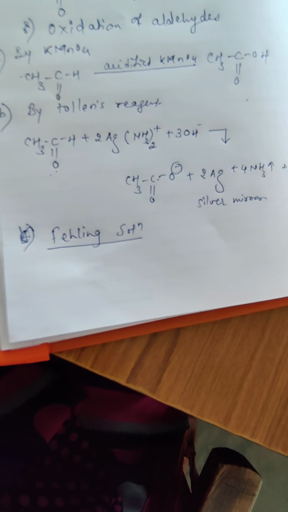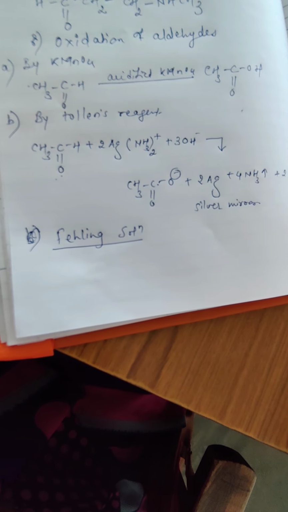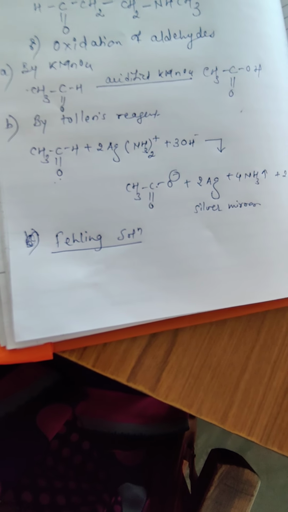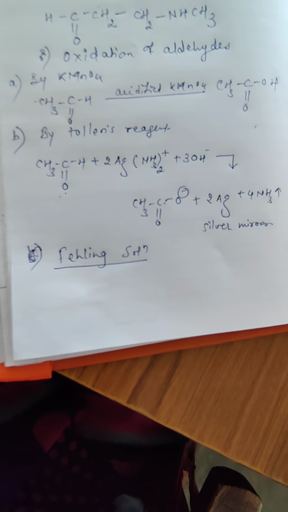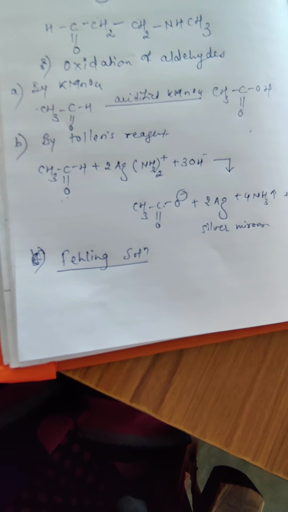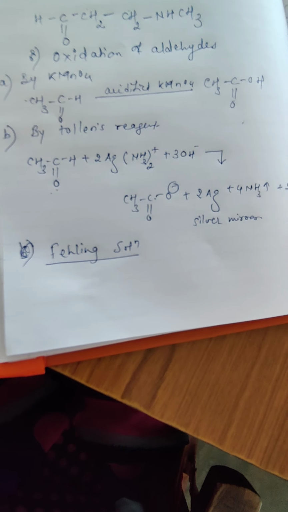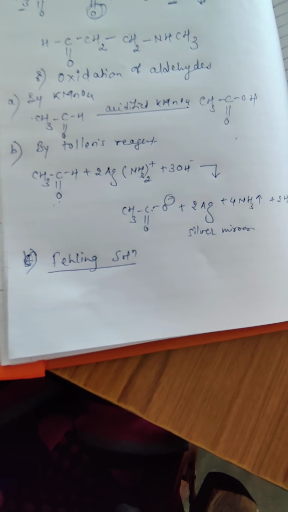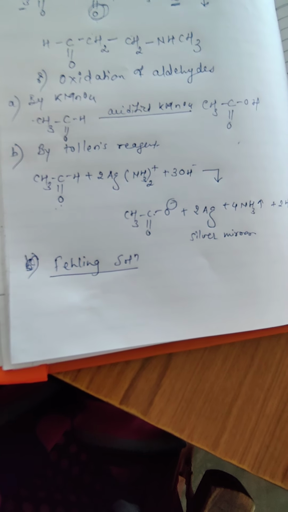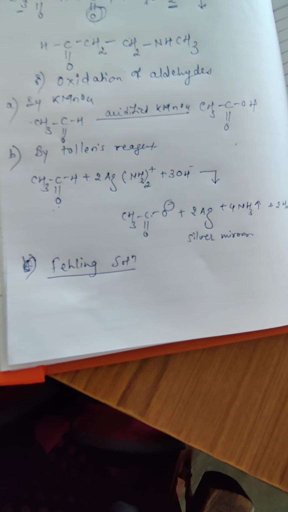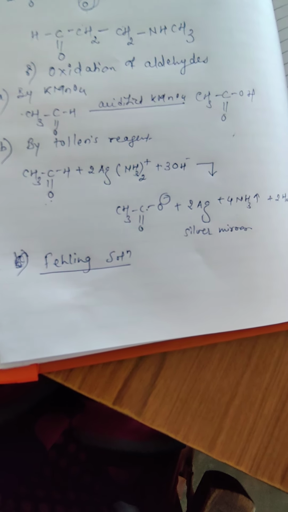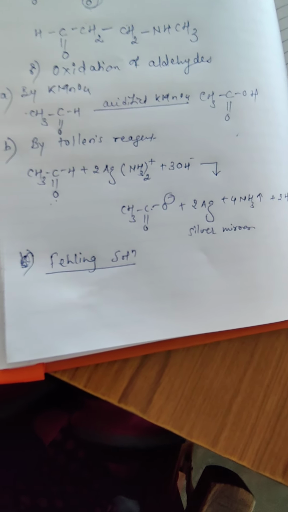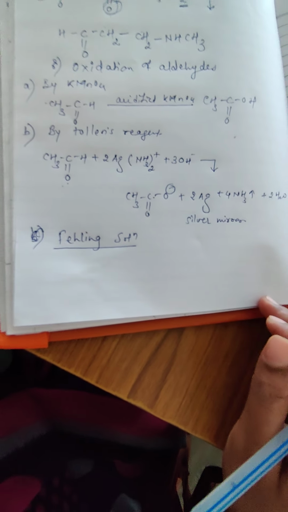So when we add the compound containing an aldehyde to it and then heat it, we get a cupric red colored precipitate. Okay, so what happened there? Here the Fehling solution oxidizes aldehyde to the corresponding carboxylic acid. At the same time, copper gets converted into cuprous oxide, and that red colored precipitate is because of the cuprous oxide, and this test we use for detection of aldehyde.